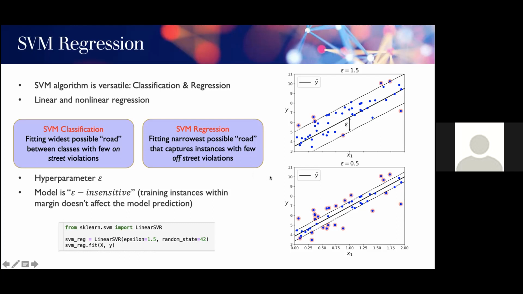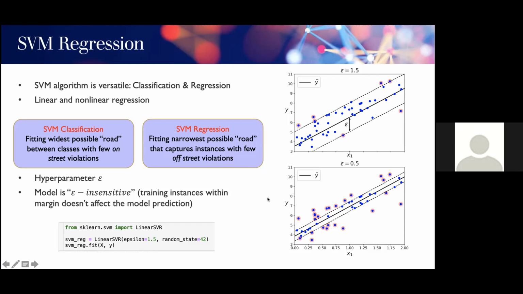However, you do need to specify an additional hyperparameter, epsilon, which determines how far vertically, that is in the axis of y, your decision boundary is from the margins. The author also presents the idea that the model is epsilon insensitive.